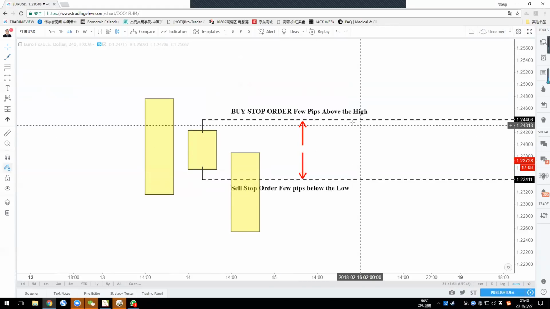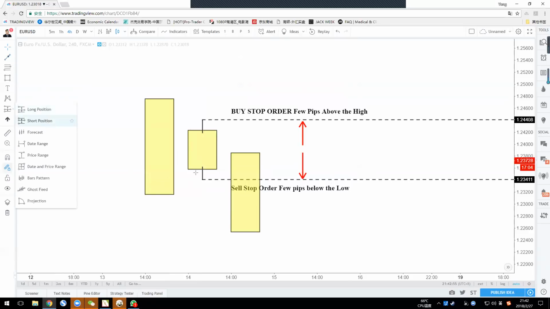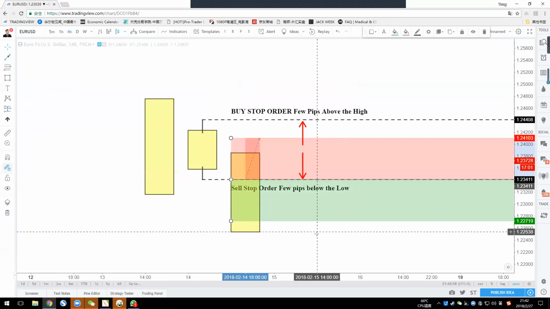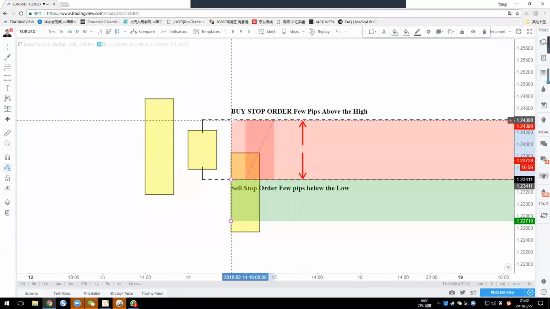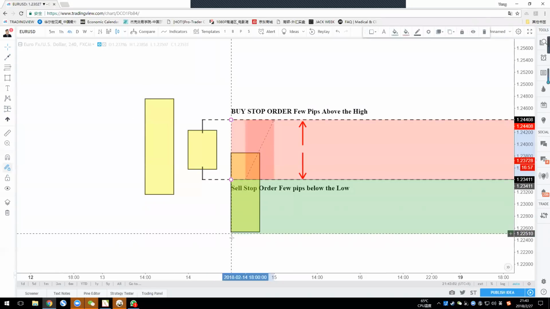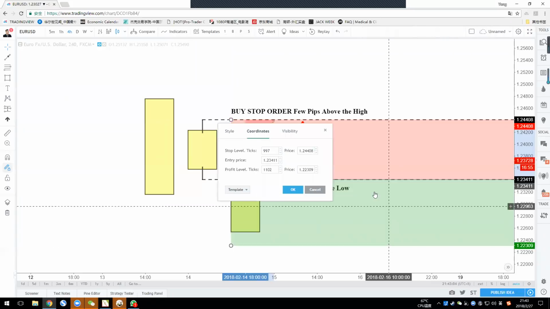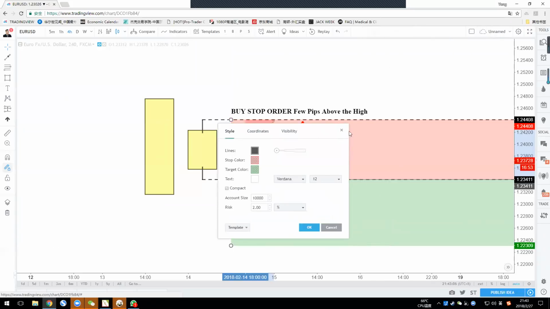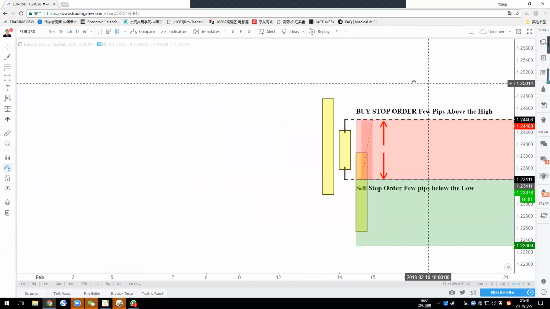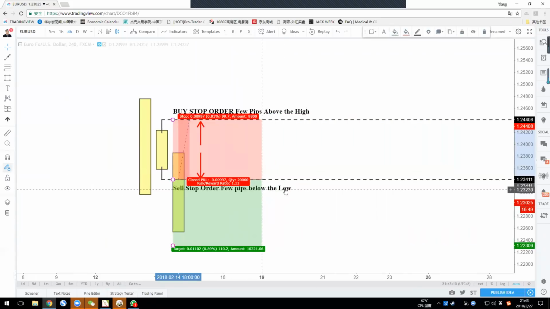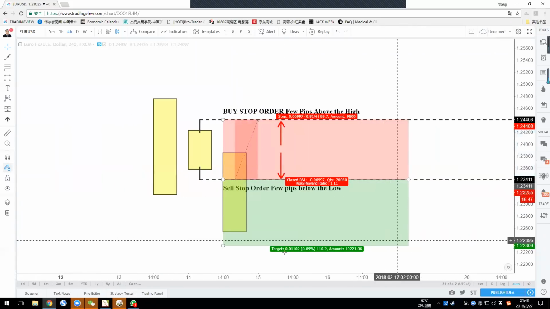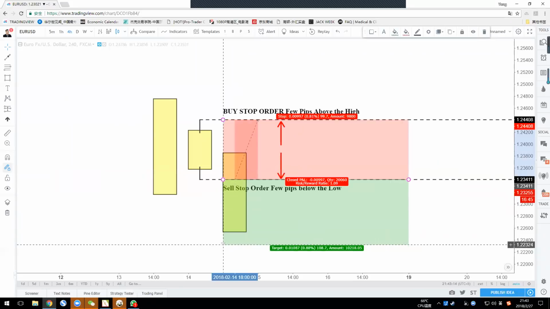So you need to draw a 1-to-1 risk reward ratio here. Make it 1-to-1. Okay, 1-to-1 is about here.